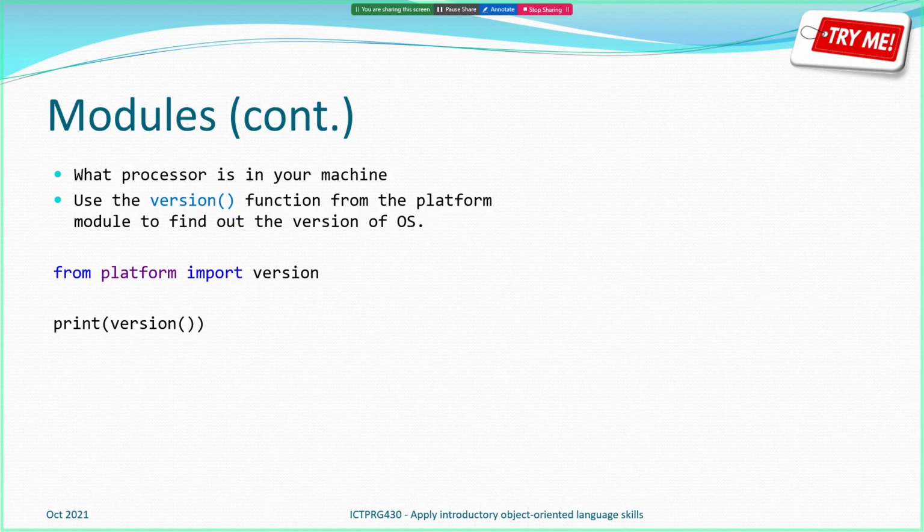Version, so what version of operating system? So if you remember back to the first one, it was Windows 10, version 10.0.19043, and then it had a service pack at the end of it. So this is just specifically the version information.